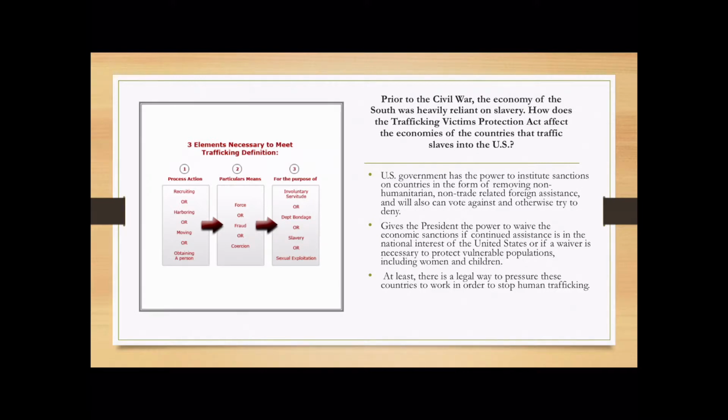The TVPA gives the president the power to waive the economic sanctions if continued assistance is in the national interest of the U.S., or if a waiver is necessary to protect vulnerable populations, including women and children. At least there is a legal way to pressure these countries to work in order to stop human trafficking.